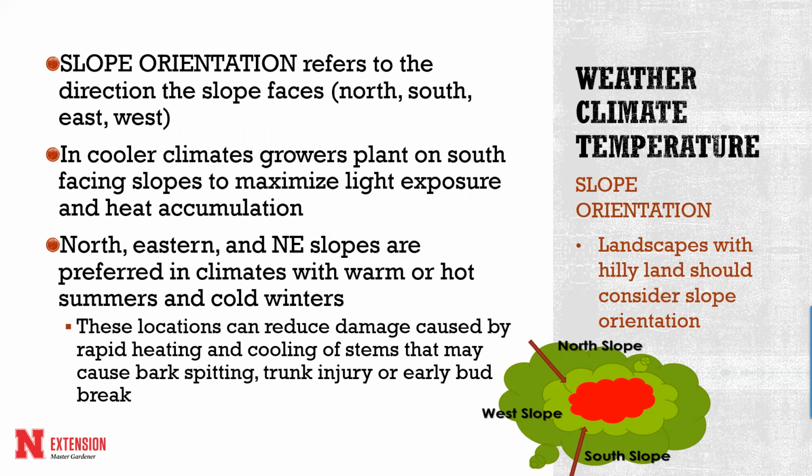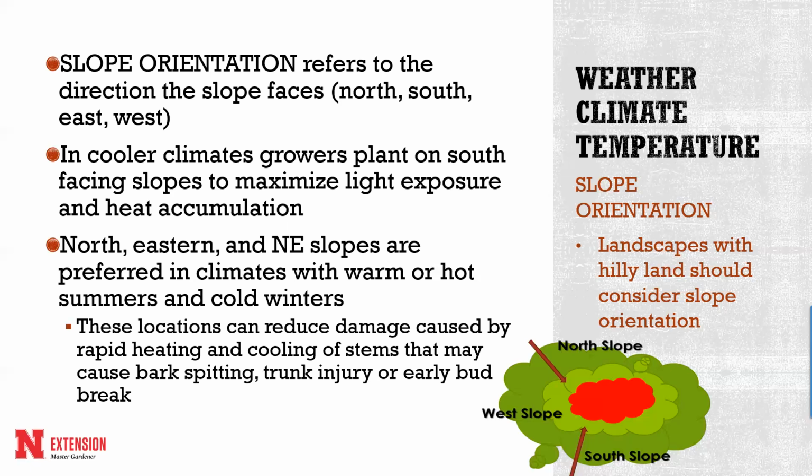Northeastern slopes are preferred in climates with warm or hot summers and cold winters. So what you can do to manipulate this is, the locations can reduce the damage caused by rapid heating and cooling. So the high heat or warming up too fast and cooling down too fast definitely will be reduced on those sides.